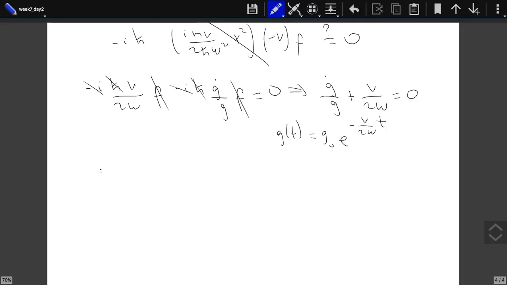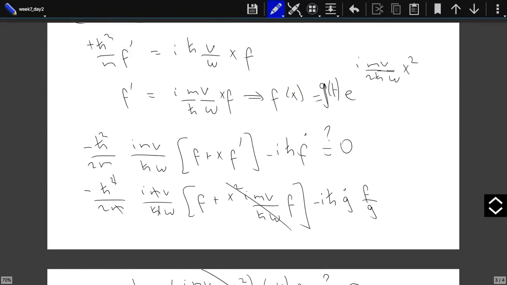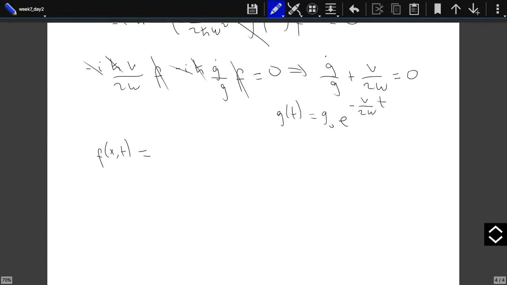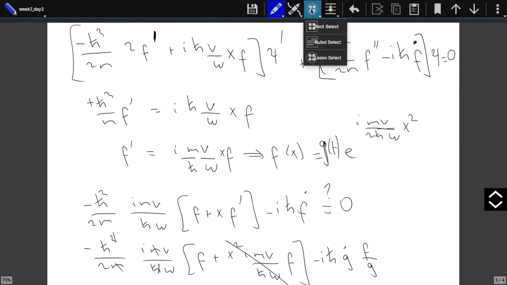So f of x and t just turns out to be g of t, g0, e to the power minus v over 2 omega times t, times this exponent. Well, there's one thing I don't like.